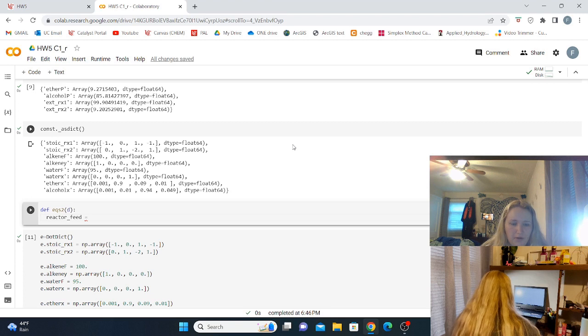Just like the other video, we need our alkene feed, D.alkene_F multiplied by D.alkene_Y, plus D.water_F multiplied by D.water_X, plus we have to include the bottom of our first distillation column, D.D1B, and this is a combination, so we'll have D.D1BX, the composition.